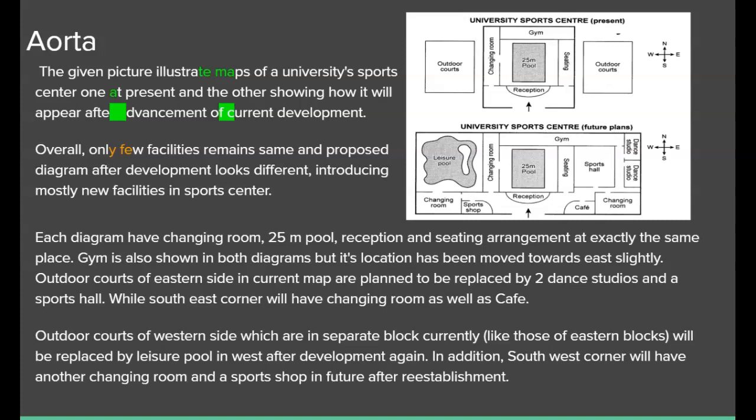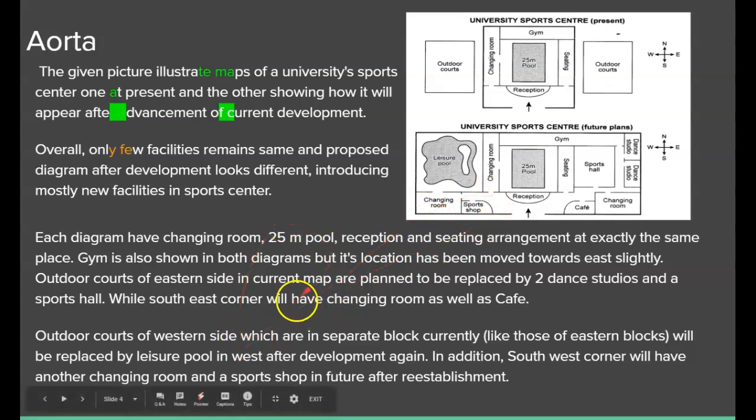The outdoor courts on the western side, which are in a separate block currently, like those on the eastern blocks. Oh, let's go back and talk about not a block, it's outside. Will be replaced. Oh, good use of the future passive. By a leisure pool.